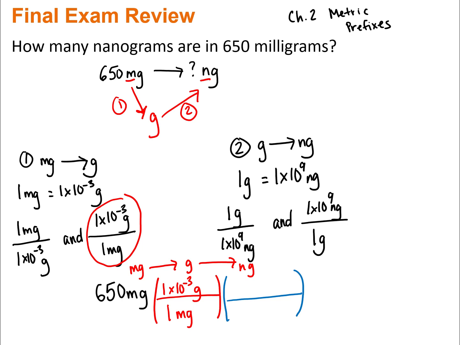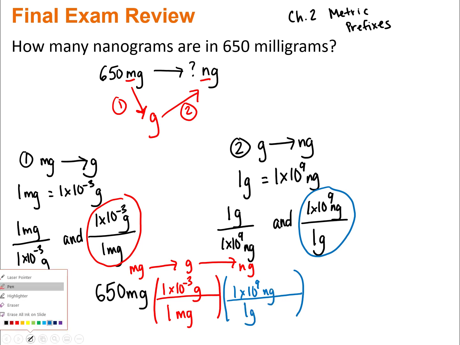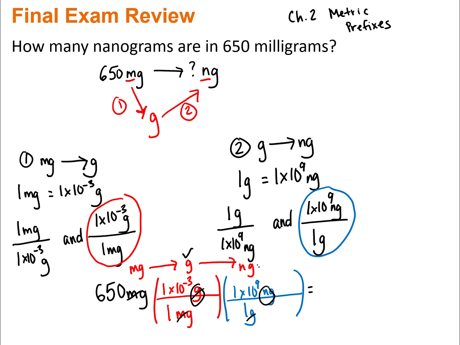I need to do the same thing, only I'm going from grams to nanograms this time. I want to get rid of grams, so they should be in the bottom of the unit factor. Make sure that your units check out. And then you do the calculation.